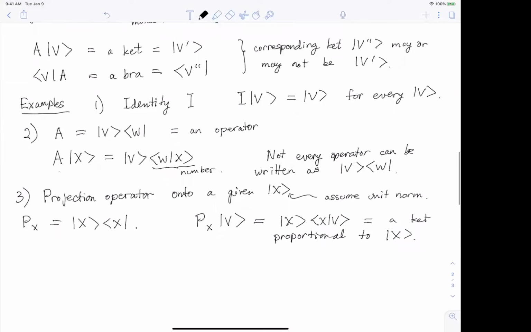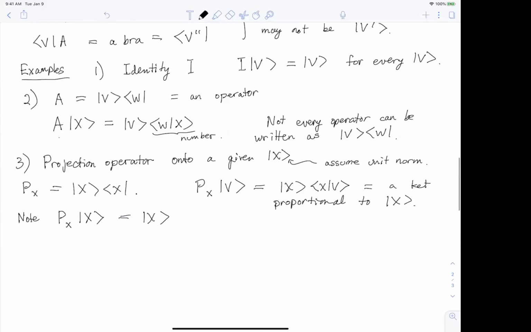Right, so given a ket x, you can make a projection operator out of it. Okay, so note that if I act with P sub x on this very same vector that was used to define it, I just always get back x. So I project onto x, I get x.